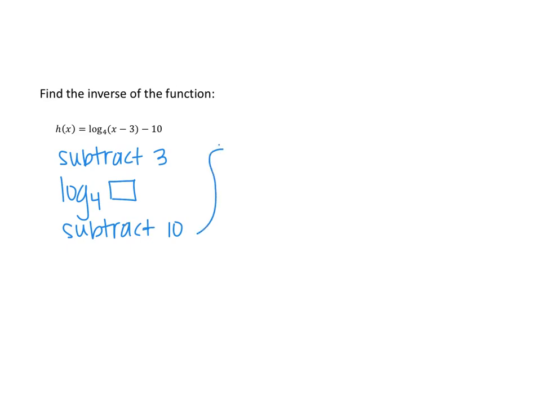All right, so now I'm going to write the steps for the inverse function. The inverse of subtracting 10 would be add 10. I'm going to go ahead and start writing the equation as I'm writing down the steps. So for the inverse of h of x, we would take an input, we would add 10.